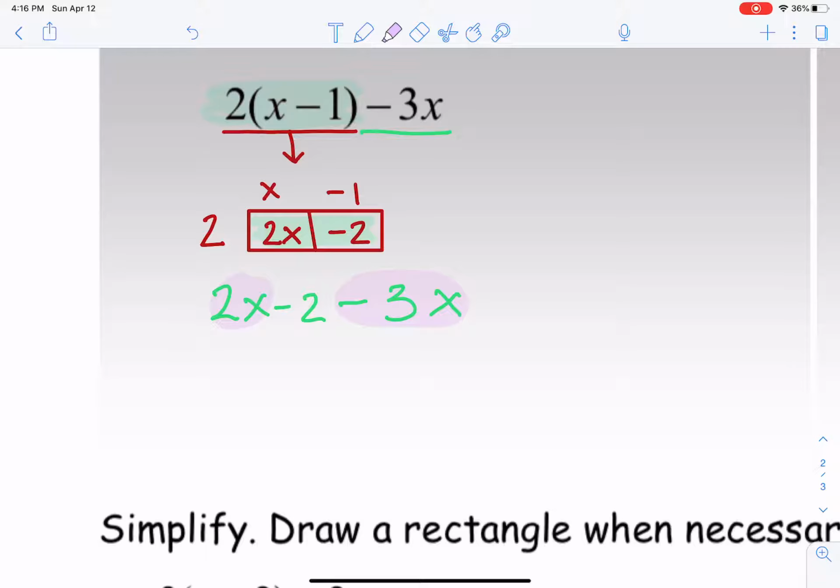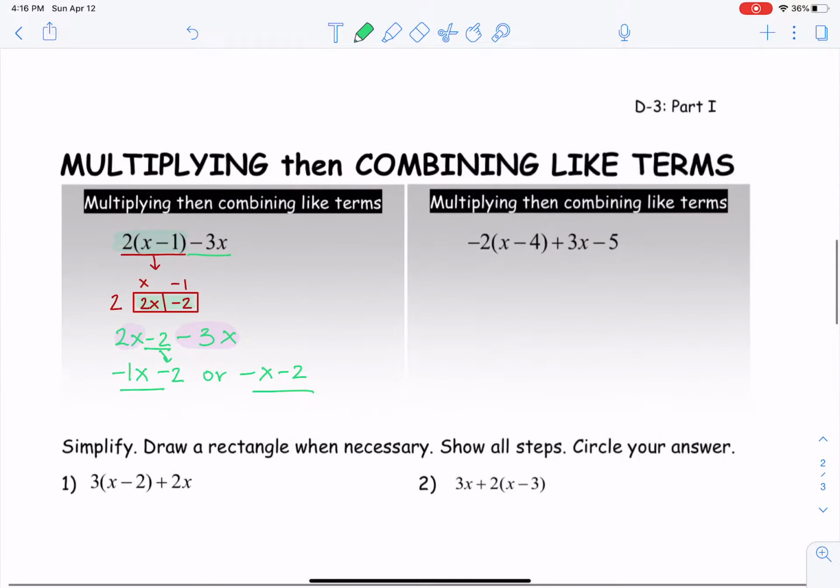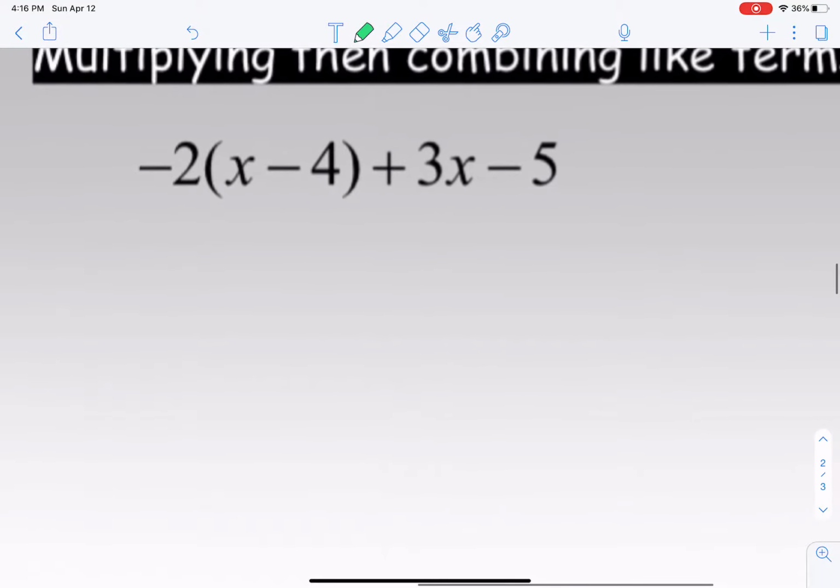And this 3x is negative because there's a minus sign in the front. So 2x minus 3x is negative 1x. And I still have this minus 2, so I'm going to bring that down. So my answer is negative x minus 2. So both of these answers are correct. Okay, let's move on to the next problem.